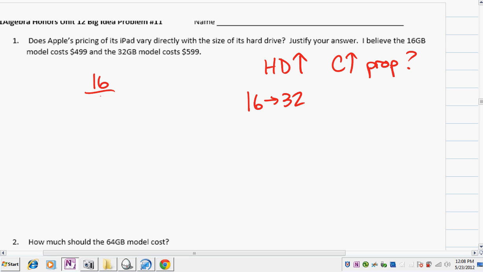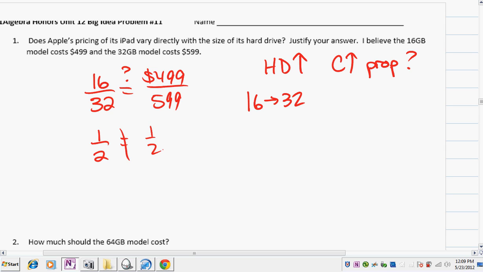Well, 16 over 32 is the same as $499 to $599. Is that true? Well, this is 1/2, and this is not 1/2. So that's one check to say not direct variation.